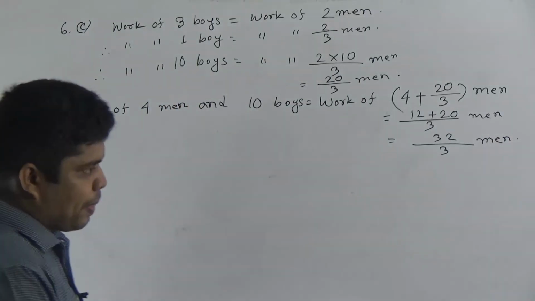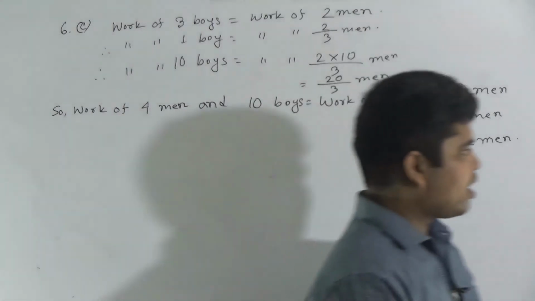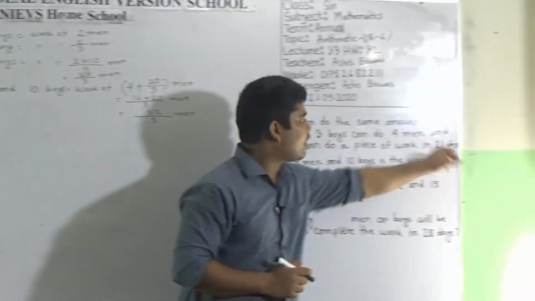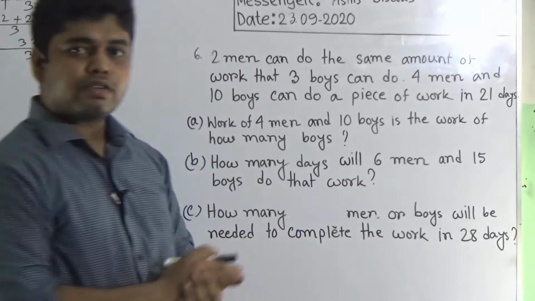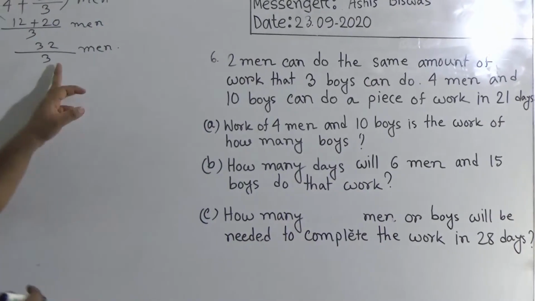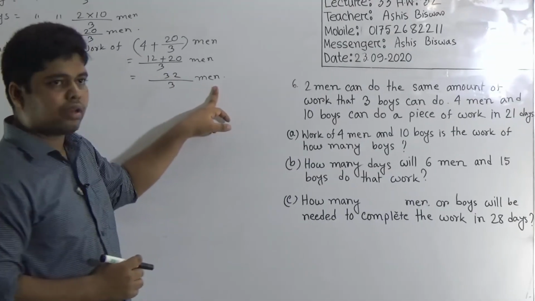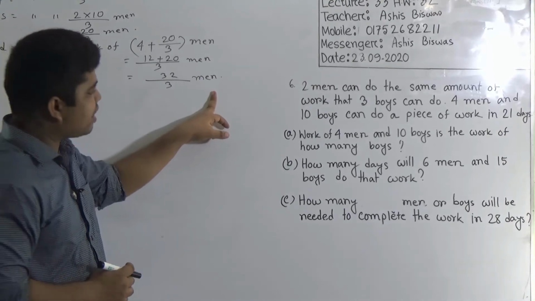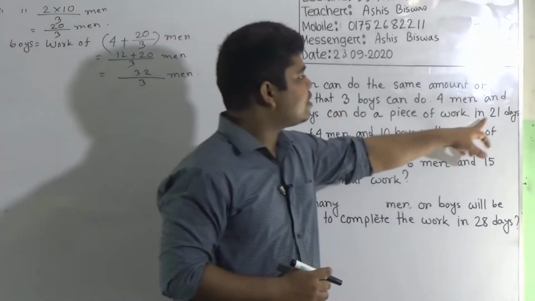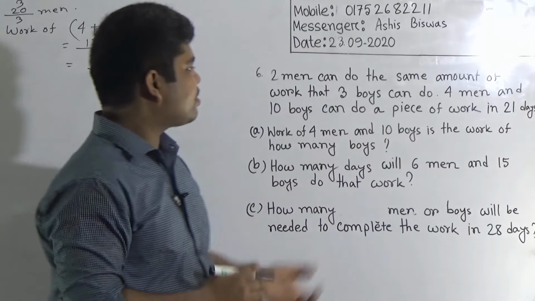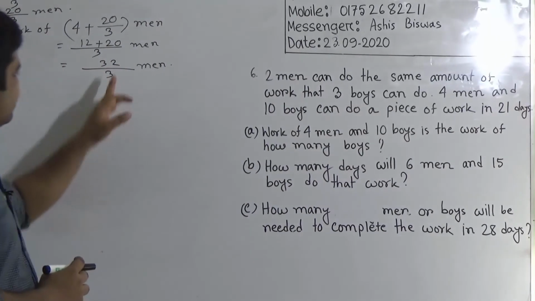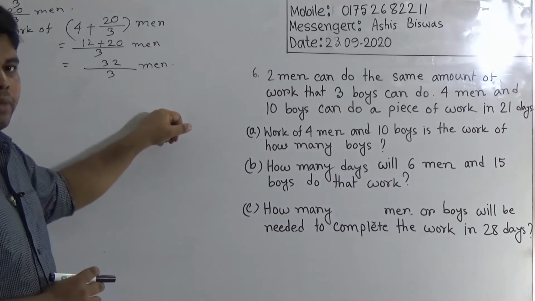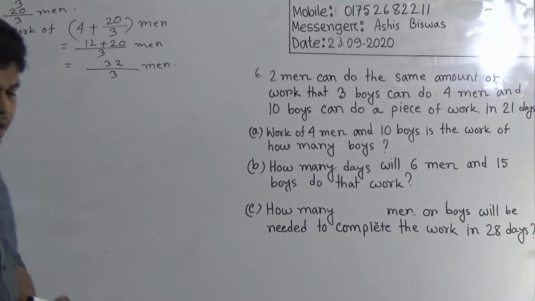Notice, in 21 days, the piece of work is done by these 32 by 3 men. I hope you have understood. I repeat, in 21 days, the piece of work is done by these 32 by 3 men. Okay? I hope you have understood.